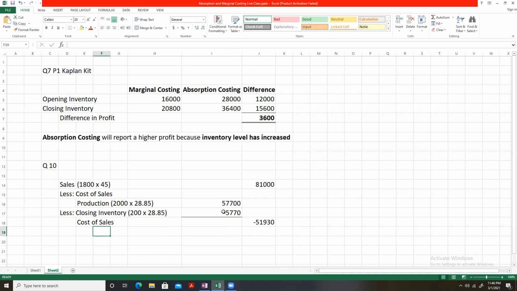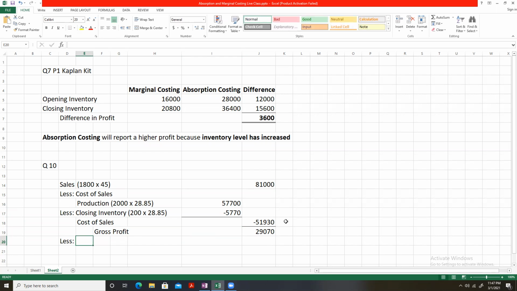So the gross profit that we will get in absorption costing is 29,070.